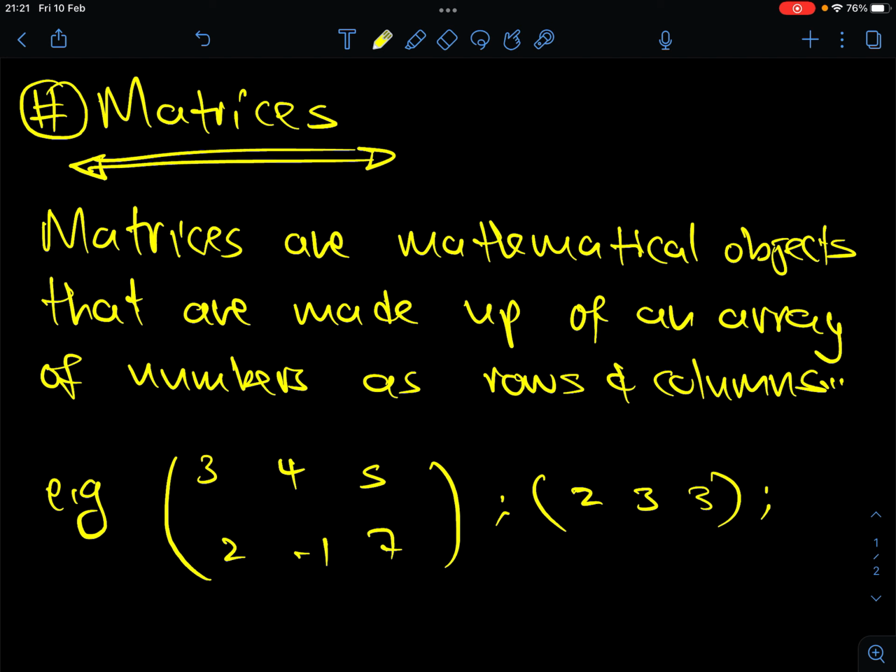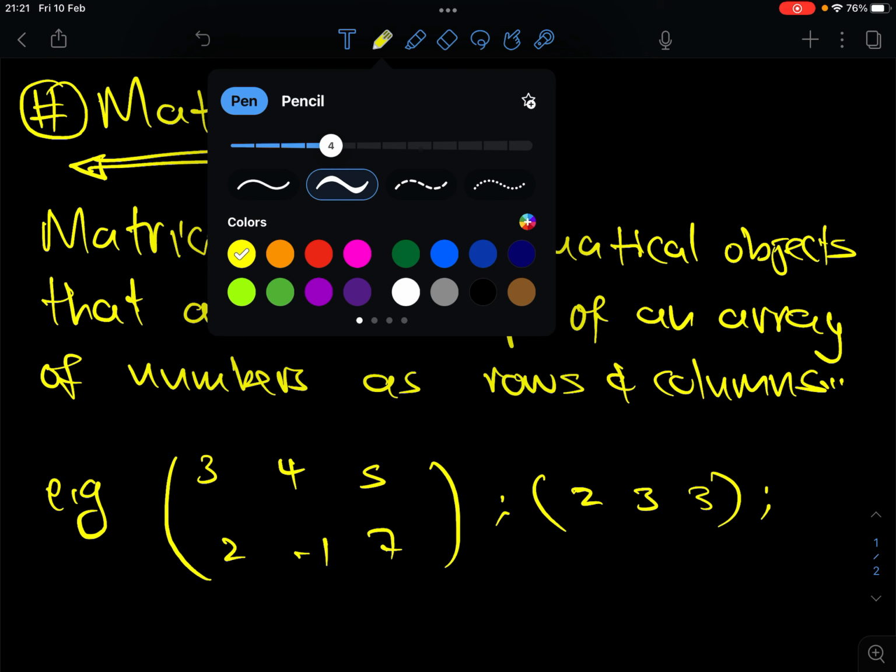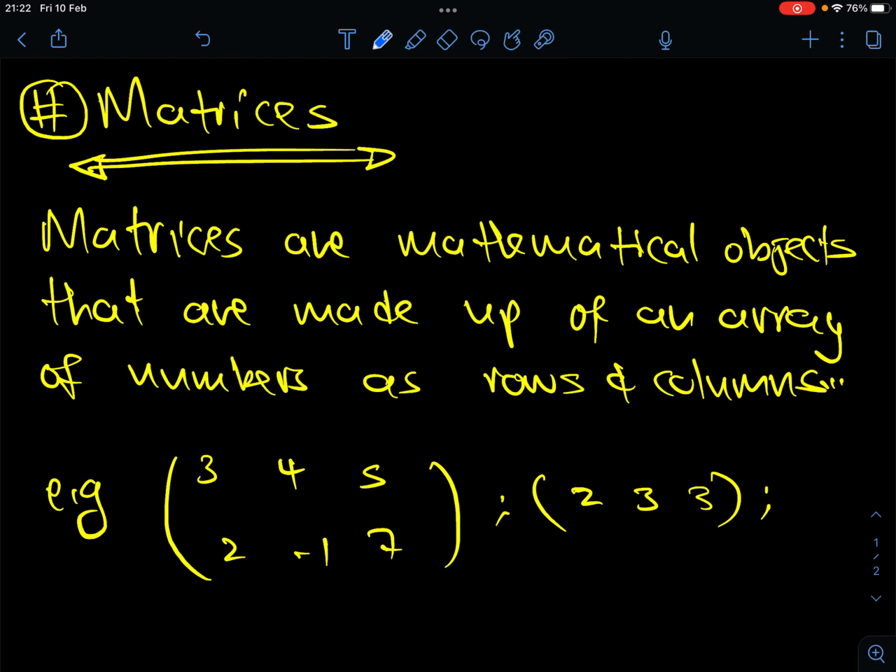There are many different examples that one can put down, but one thing that characterizes these objects that we refer to as matrices is that every time you come across one, it always consists of an array of numbers in rows and columns. For example, in this first one, you can see we have an array which goes horizontally like this.